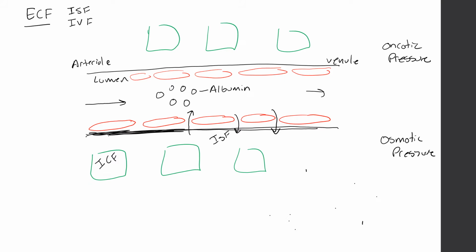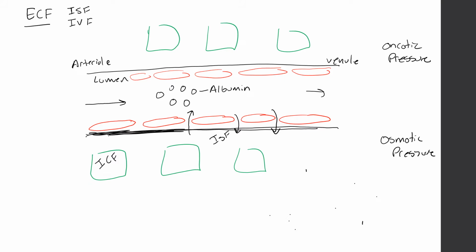It is really just to single out the fact that in the extracellular fluid, the proteins exert an osmotic pressure within the vasculature. The vasculature is separated from the interstitial fluid by that barrier that excludes the proteins. So therefore, it can have an effect on water movement or fluid shifts.